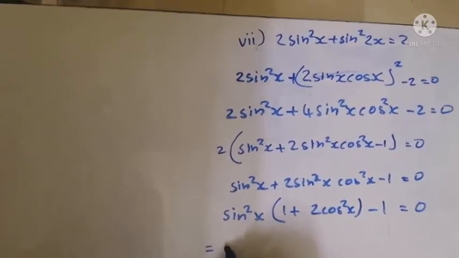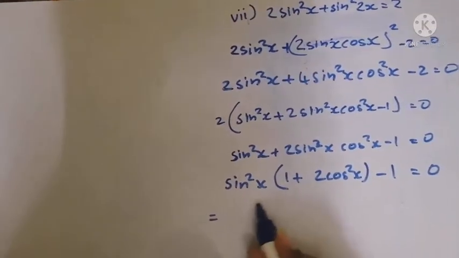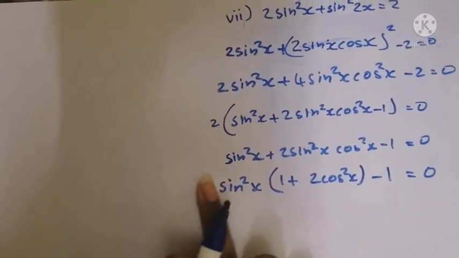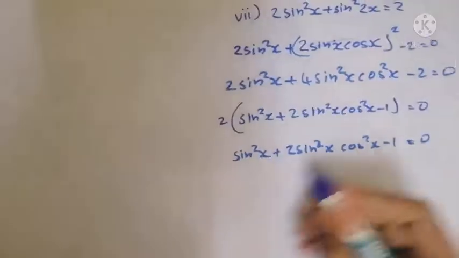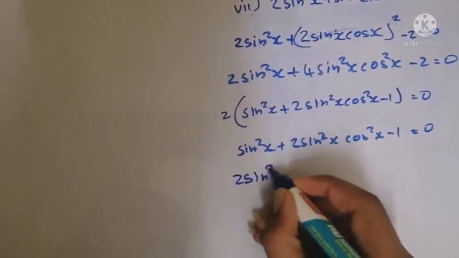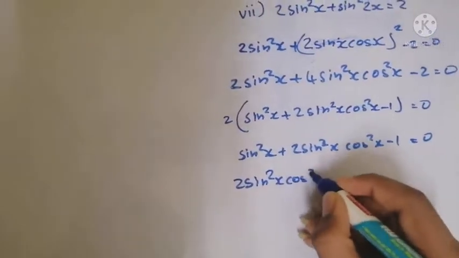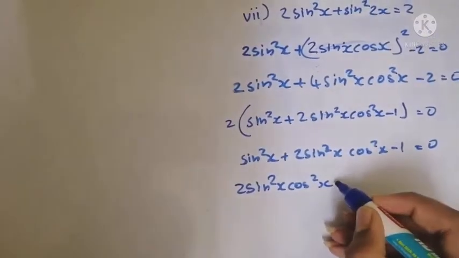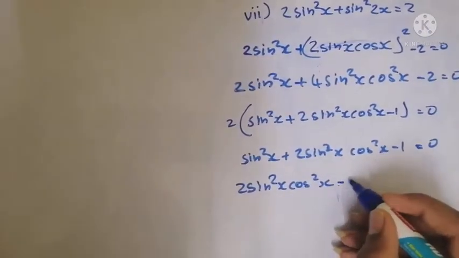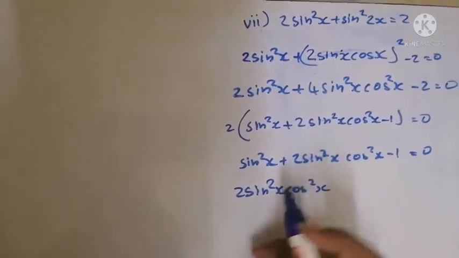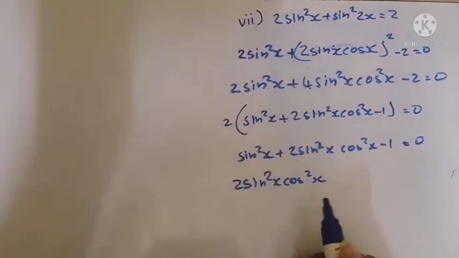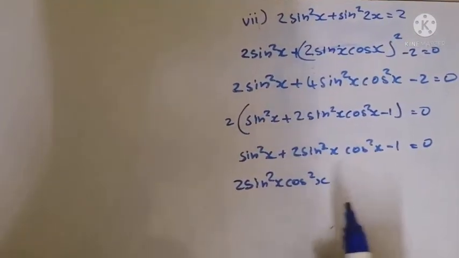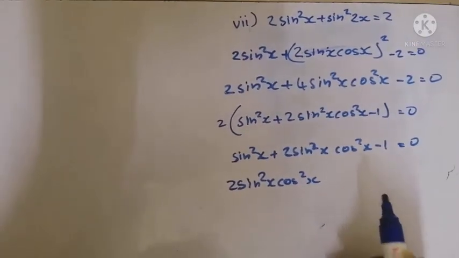Before doing this step, we will write 2 sin square x cos square x. Now, we know that 1 minus sin square theta is equal to cos square theta.